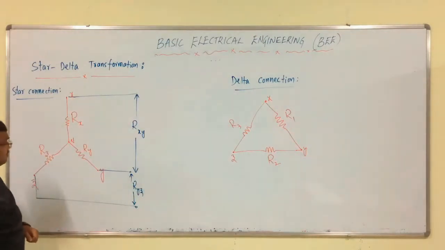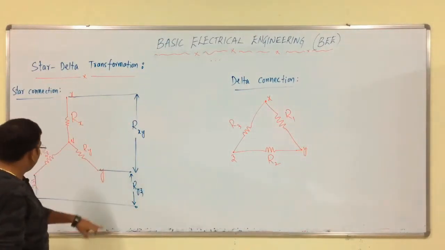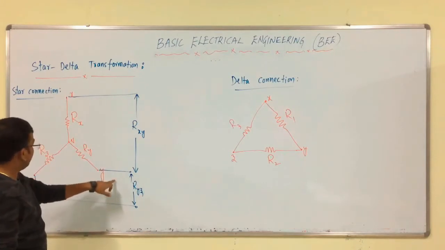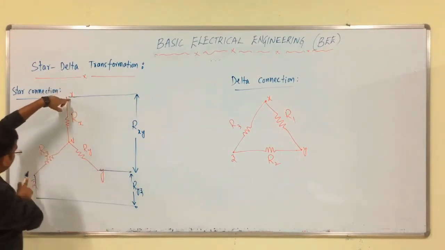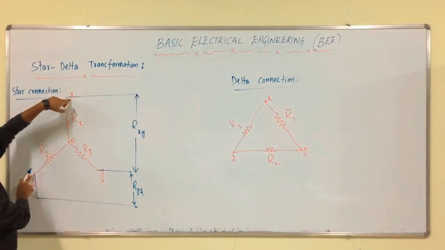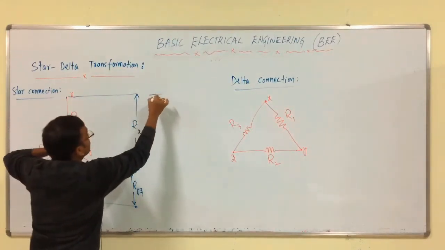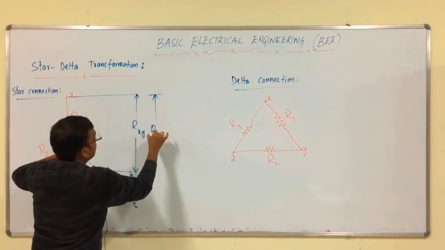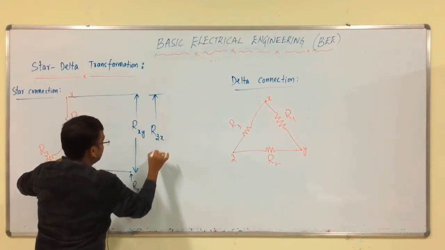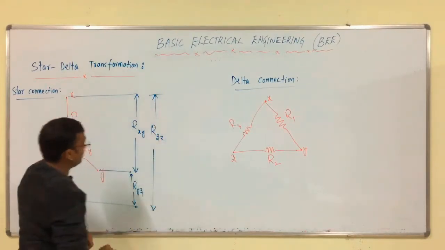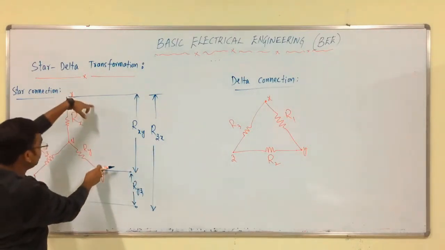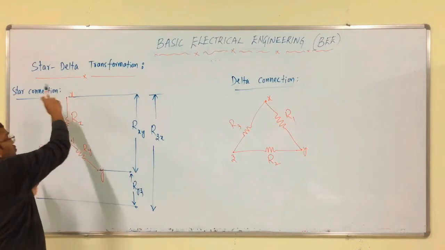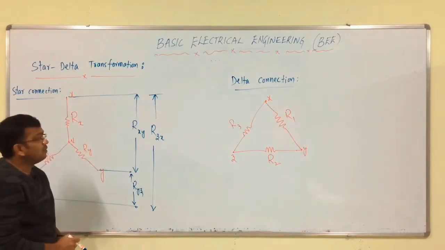Then between x and z, R z x. So, we have to calculate the equivalent resistance between these two, between these two and between these two.